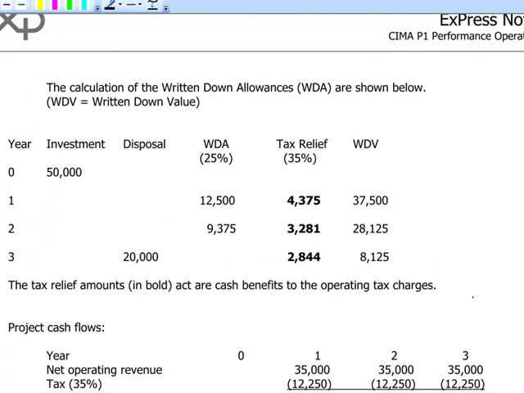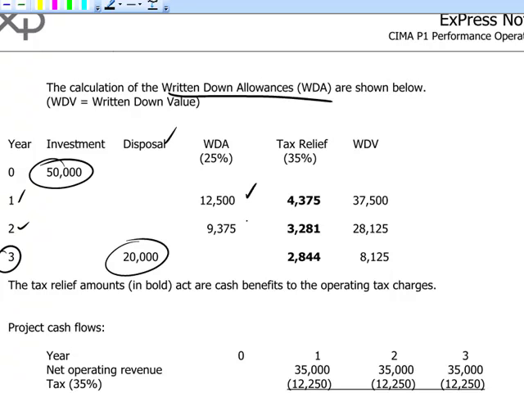What we have here is now a summary in cash flow terms of the impact of the written down allowances on the asset. We can see here that the investment is $50,000, the disposal value in year 3 is $20,000, and we can see here for years 1 and 2 are the written down allowances that are generated on the assets, calculated at 25% of the reducing balance, and the corresponding tax relief, which is, if we have a tax rate of 35%, going to be 35% of the written down allowances.